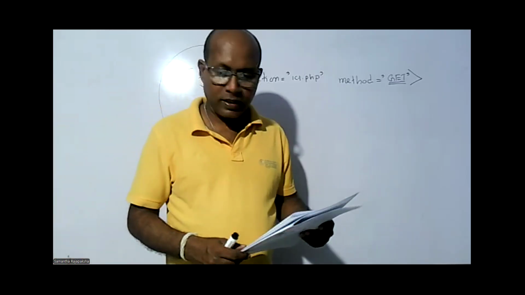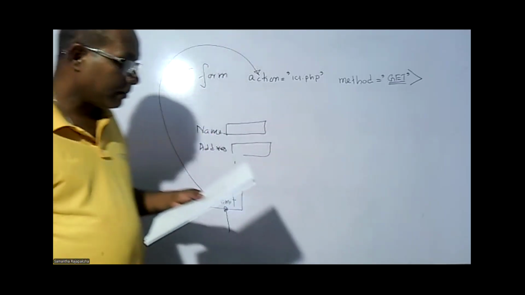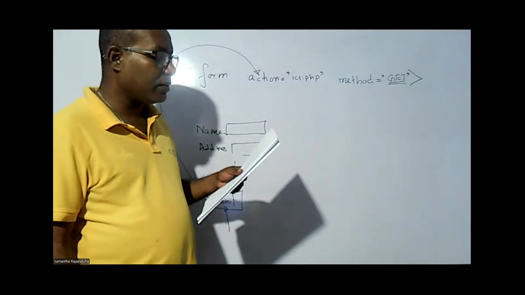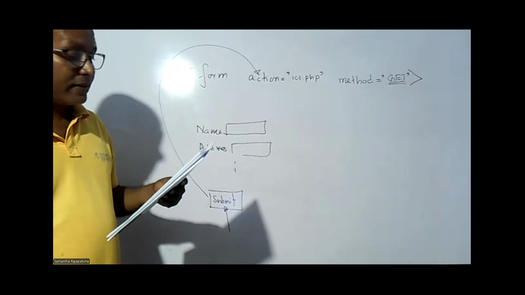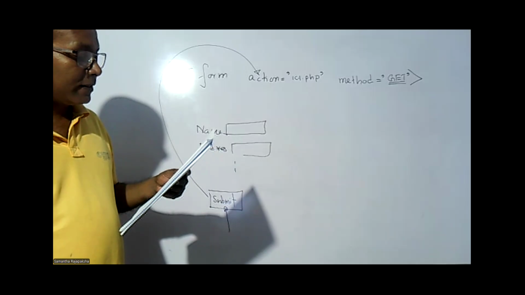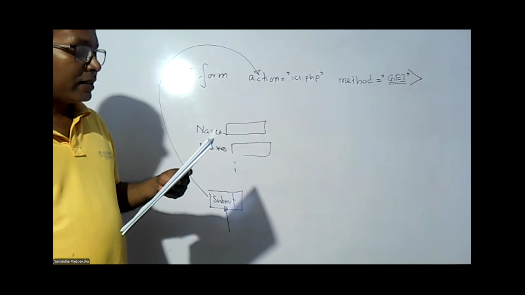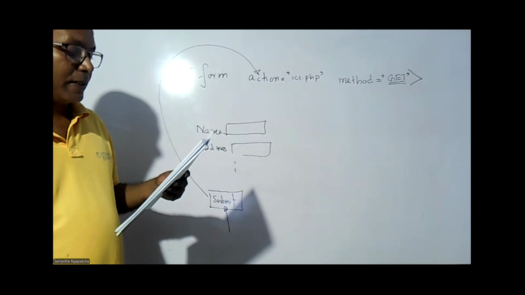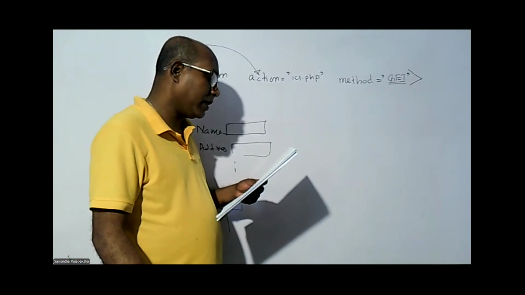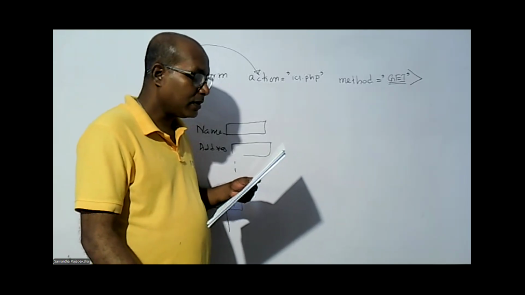So I assume you can understand the answer. Then the next question: consider the following CSS code. CSS code, cascading style sheet code. Now you can see this has the paragraph with the dot operator. In the paragraph, we have the center.